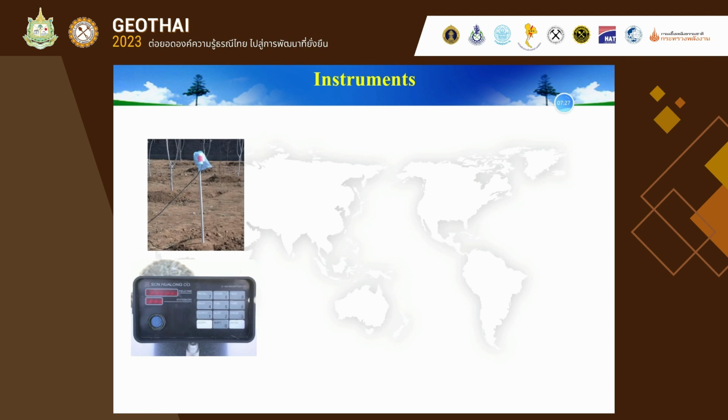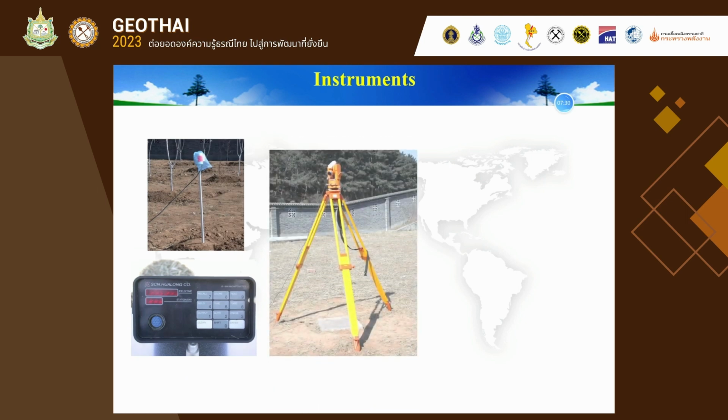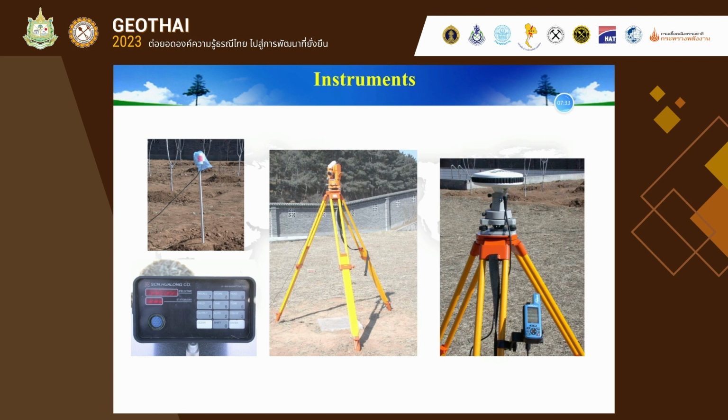We use three types of instruments to measure the geomagnetic field. The left instrument is called a proton meter, and this instrument can measure total intensity. The instrument in the middle is the DI meter, and this instrument can measure the declination and the inclination. Here is GPS. This instrument can get the position of our stations, and this instrument also helps to measure the declination.